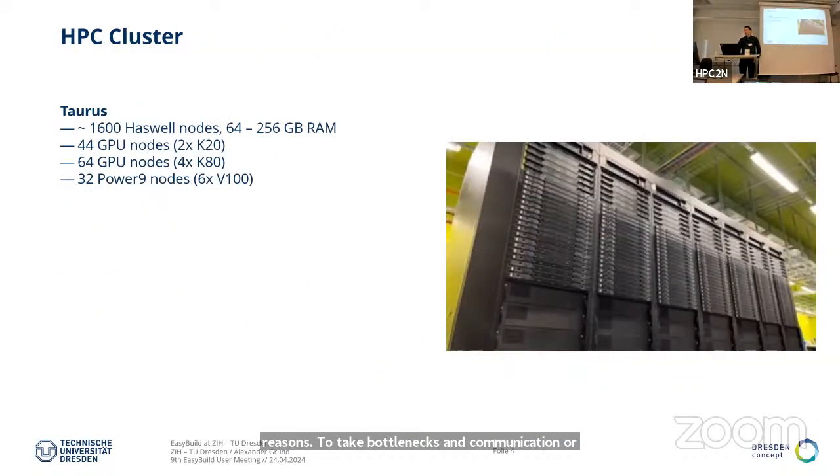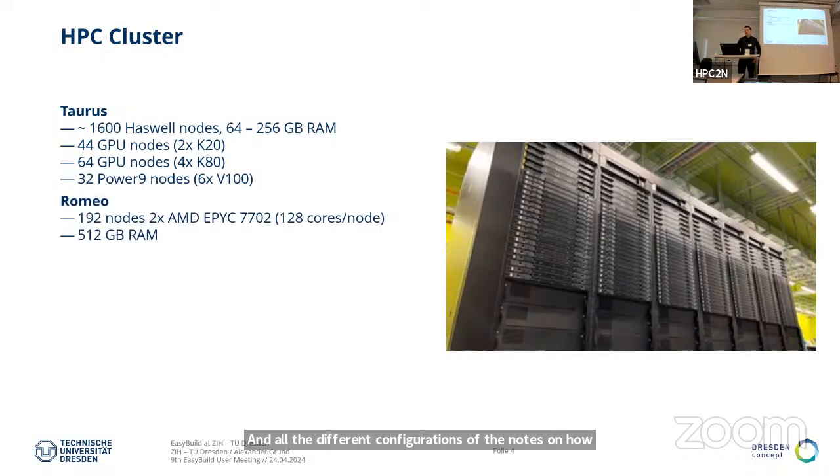We have a rather large cluster, starting off with the old one, which was called Taurus, with almost 2,000 nodes. Some GPUs there of different architectures, Kepler, Volta. Volta on the Power 9 nodes I already talked about. And also different configurations of the nodes on how much RAM they have.